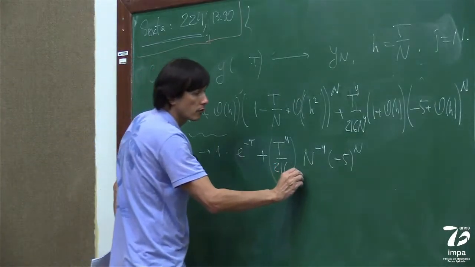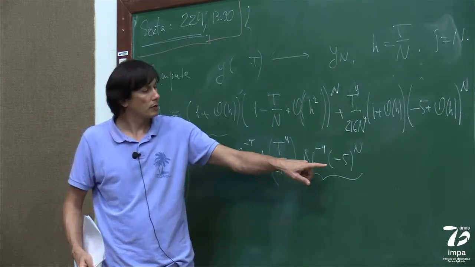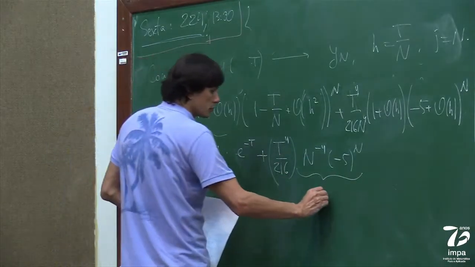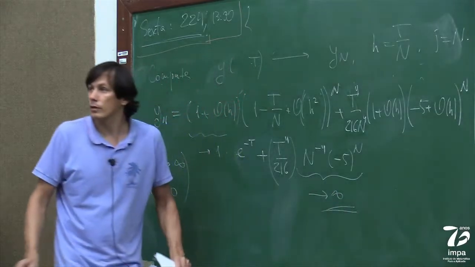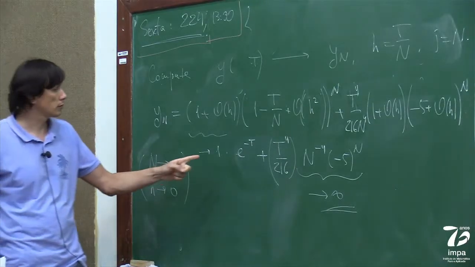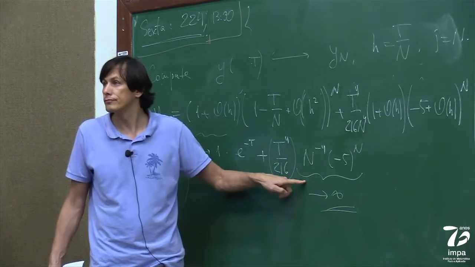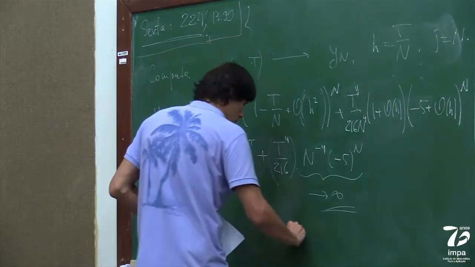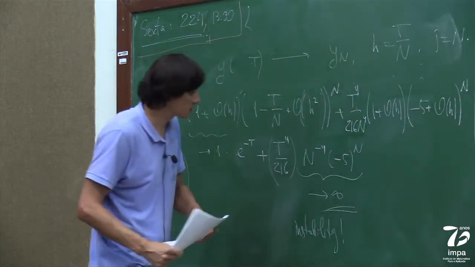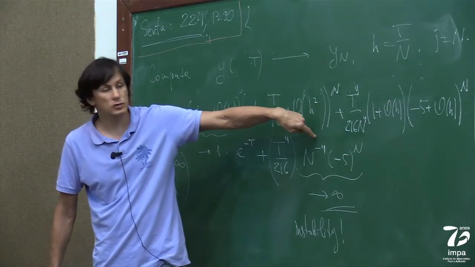And this is a trouble, because if n is large, this minus 4 makes it small, but this is exponential, so this always wins. So this explodes. So you see, there are two terms. One term converges to the exact solution as you make finer and finer steps, and the second term explodes. So this is instability.